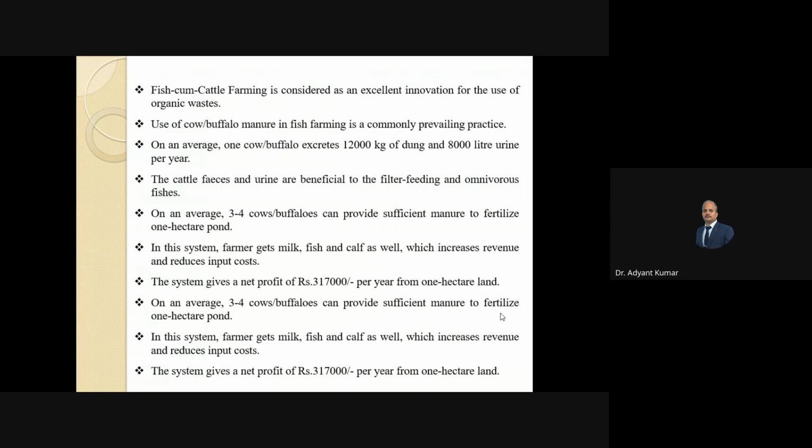This dung and urine are beneficial for filter feeding as well as omnivorous species. On an average, 3 to 4 cows or buffaloes can provide a sufficient amount of manure to fertilize 1 hectare of pond, and this system can give a net profit of 3 lakh 17,000 Indian rupees per year for 1 hectare land area.